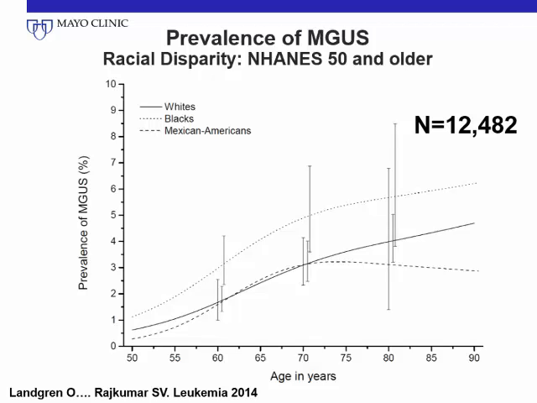It's oversampled for African Americans and Hispanics so that you get a pretty good estimate of prevalence. This study shows whites versus blacks and Mexican Americans. Blacks have a markedly higher prevalence of monoclonal gammopathy of undetermined significance compared with whites at all age groups. It's there from 50 onwards. And this was in a study of 12,482 individuals.